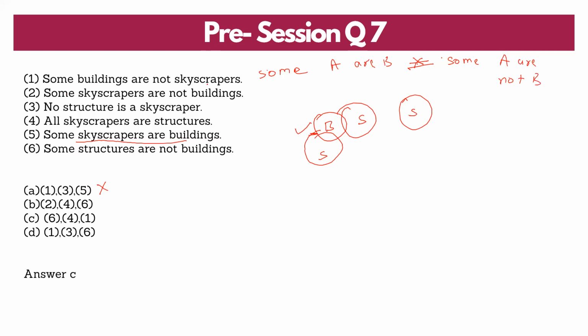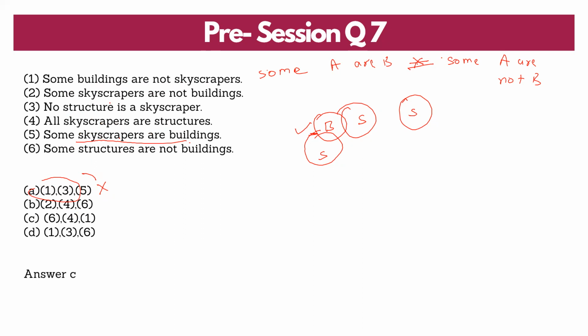Using 1 and 3, we have to conclude 5. If 1 says that some buildings are not skyscrapers, I can't say that some skyscrapers are building. So let us not mark this as the answer.